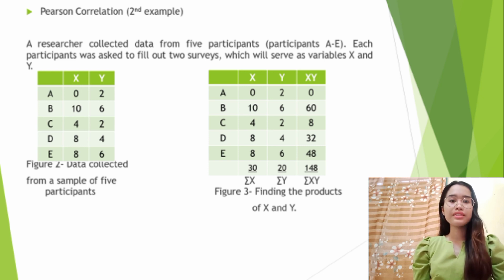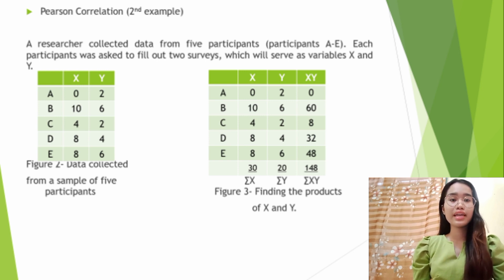The first step is to find the products of x and y. To do this, multiply the x and y values in each row. See Figure 3. This gives us a new variable column, xy. Next, sum the values in each column as seen in Figure 3.